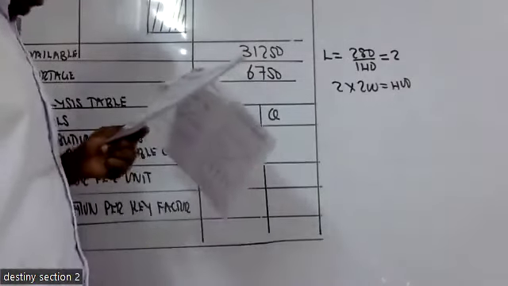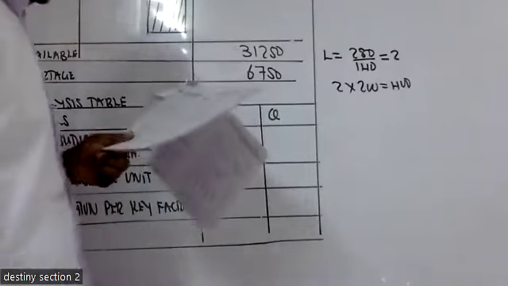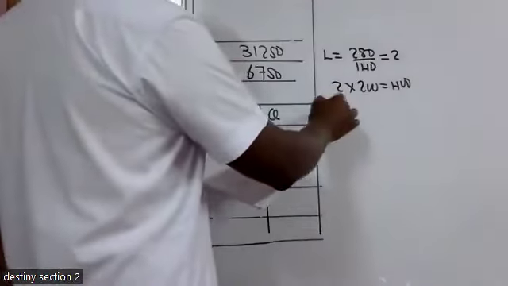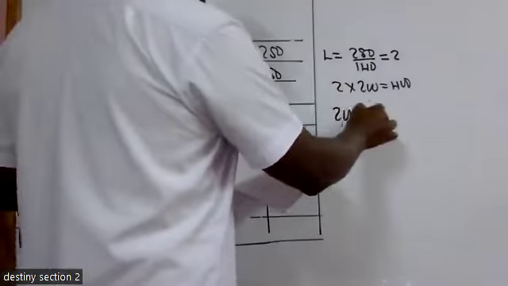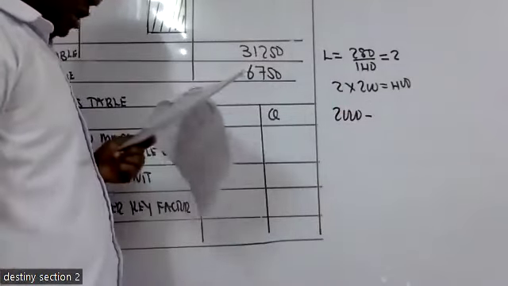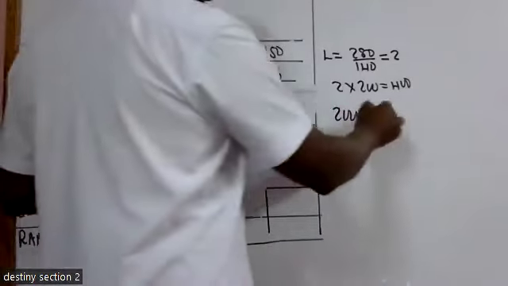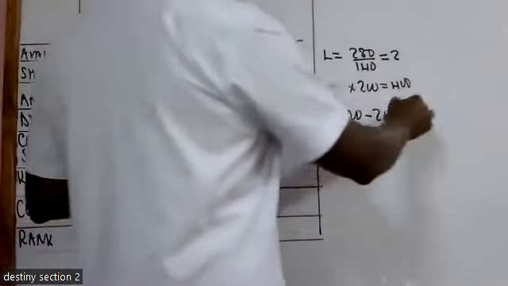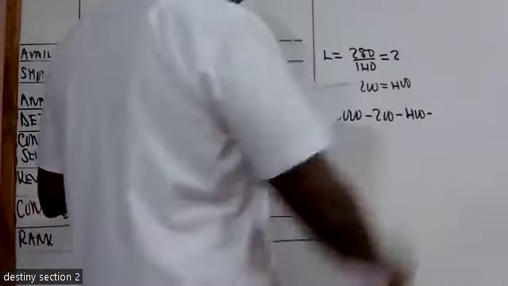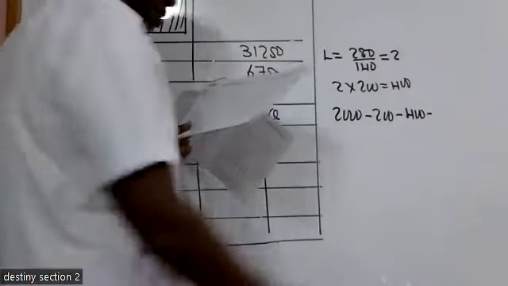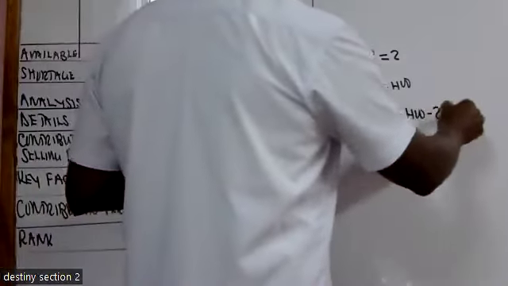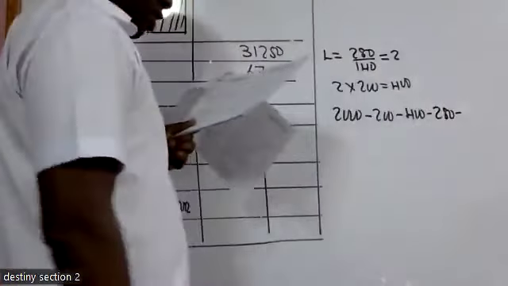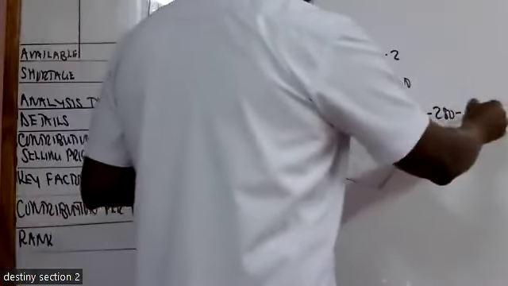So this is what you are going to do. Taking the selling price, for product L, selling price of 2,000, you less material of 200, you less material of 400, you less labor of 280, and you less overheads of 160.